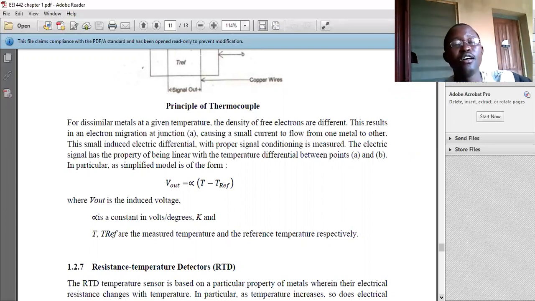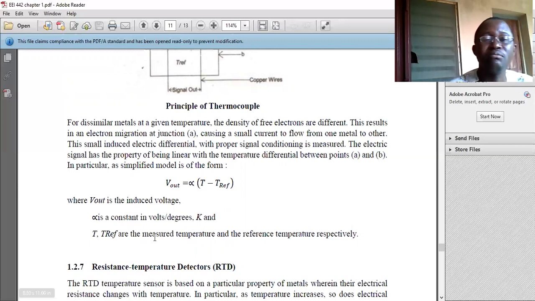So we have V_out = α(T − T_REF). The α here is a constant in volts per degree Kelvin, and T and T_REF are the temperatures, the temperature we are measuring and the reference temperature respectively. Alpha is a constant that has to do with the type of material used for the two wires.